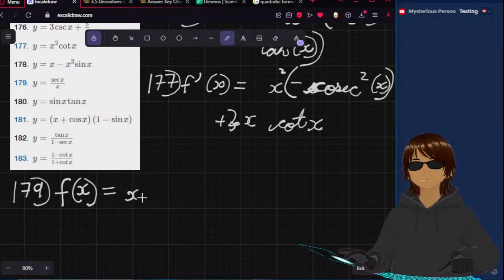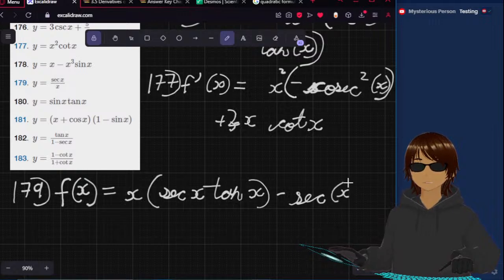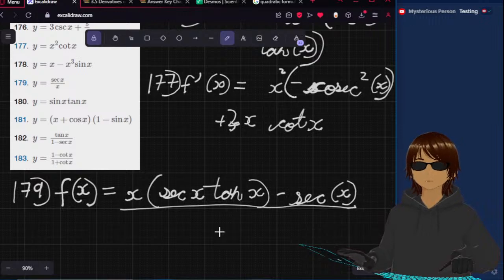Low d high minus high d low upon bottom squared. Hope that this is correct.